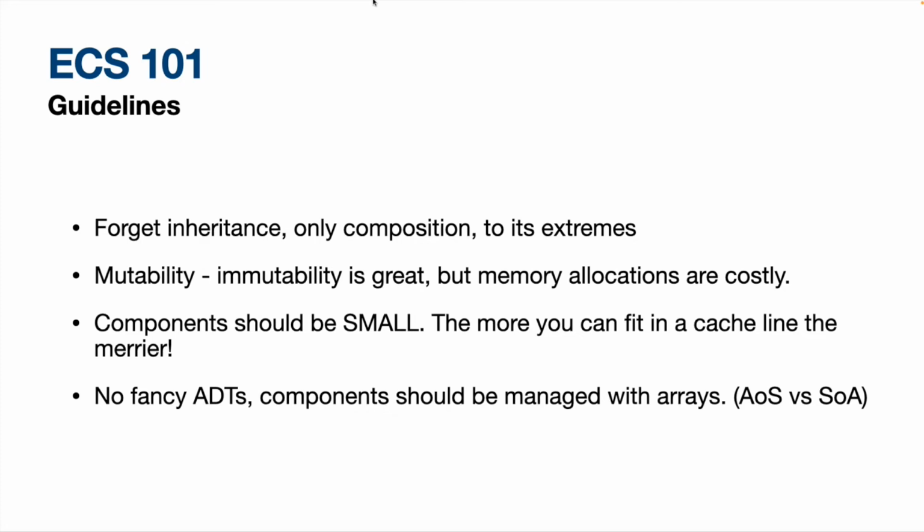Components, of course, should be small, mainly because you're trying to minimize cache misses. So basically, the more components in a single cache line, the faster it will go, obviously.